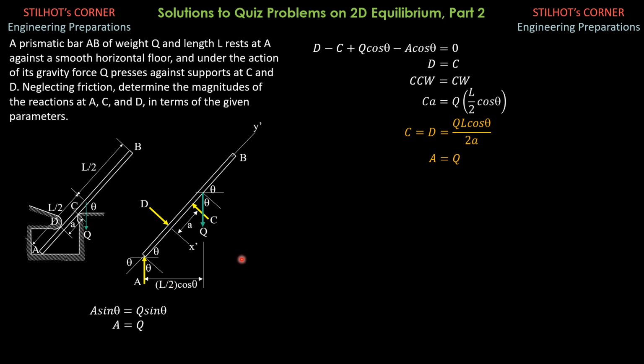The moment arm between them is L over 2 cosine theta, because from Q to this bottom here is L over 2, times cosine theta. So C A equals Q times L over 2 cosine theta. Again, counterclockwise couple equals clockwise couple. Simplifying, C equals D equals QL cosine theta over 2A, and A is equal to Q. So that's it for this part of the video.